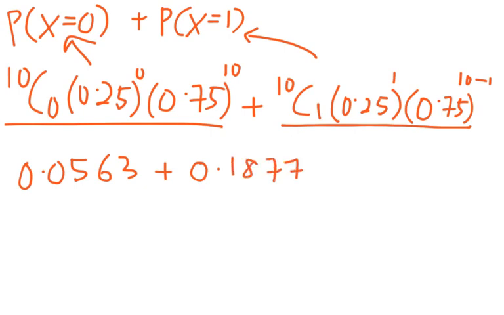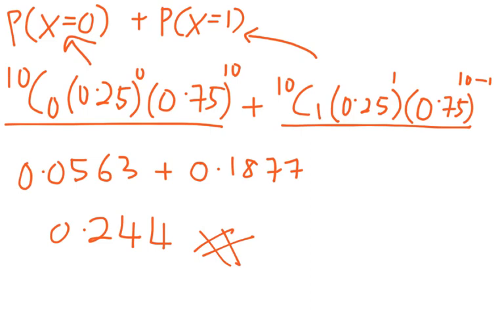Alright, so we plus these two together, 0.0563 plus with 0.1877. So we will have the value which is 0.244. So this is our answer for no more than 1 red balls are drawn.